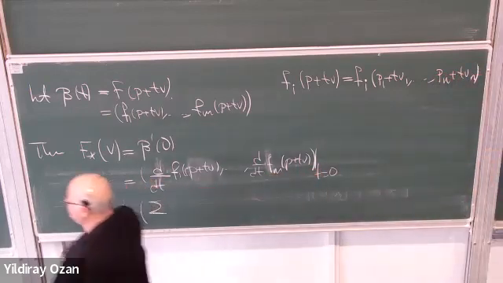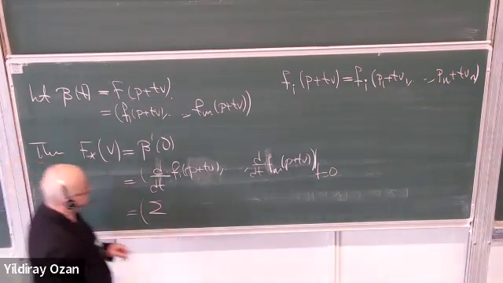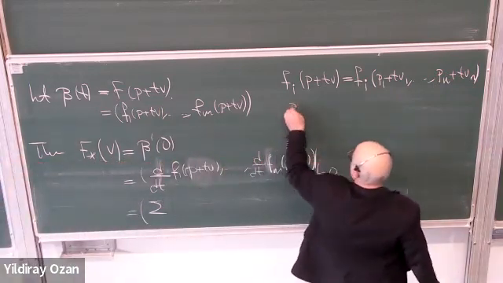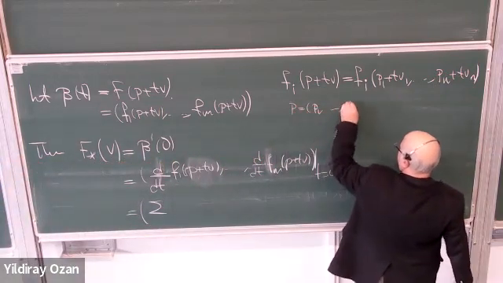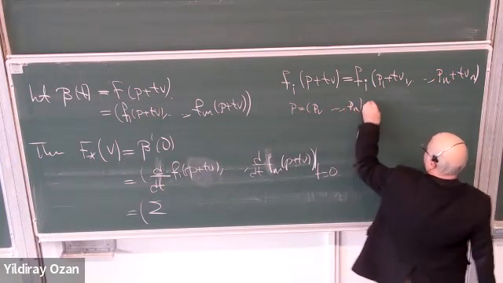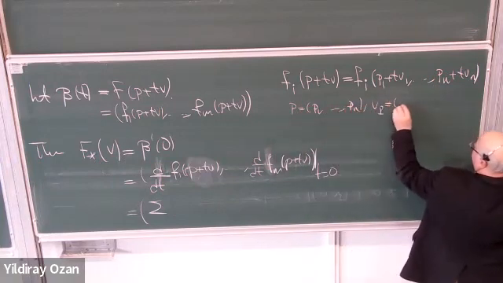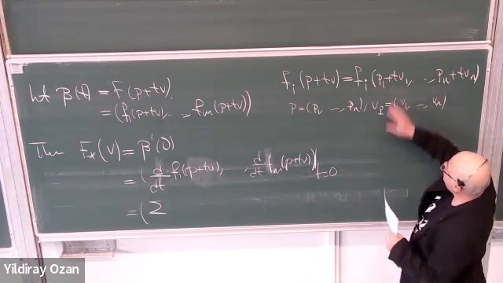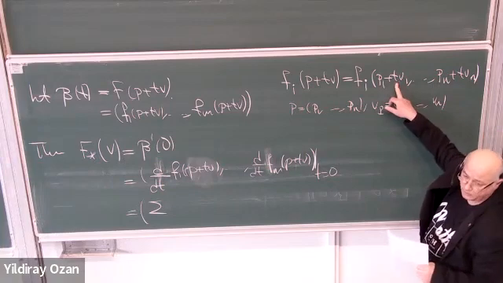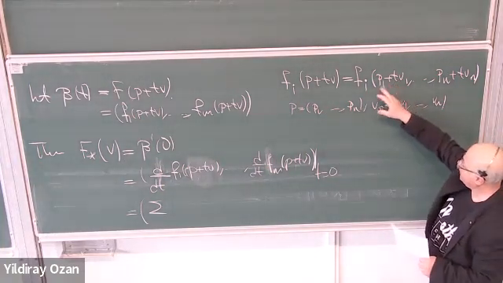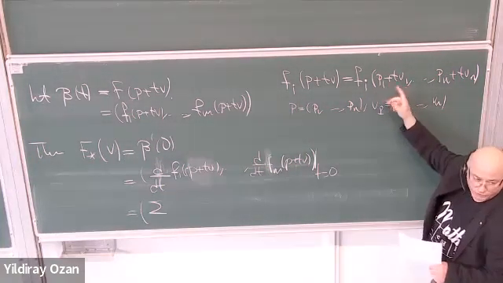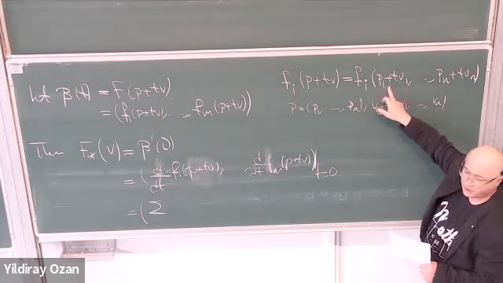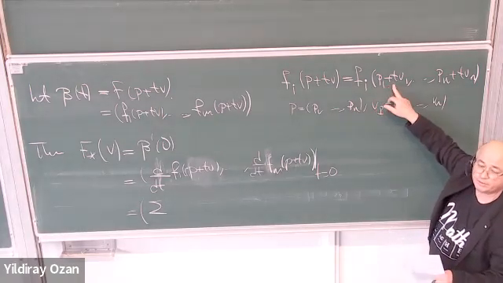P is the point p1 up to pn, and v is the tangent vector at that point, v1 up to vn. And I take the derivative of this with respect to t. So what we do, we just take the derivative of f_i with respect to each variable, and then I take the derivative of those variables with respect to t.